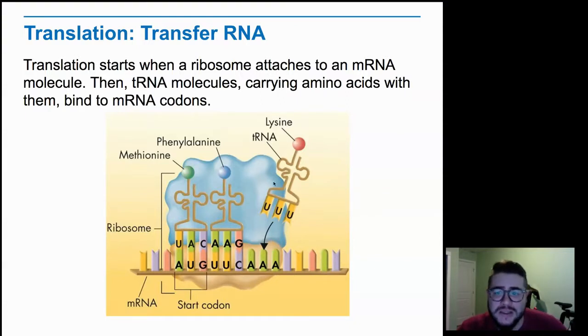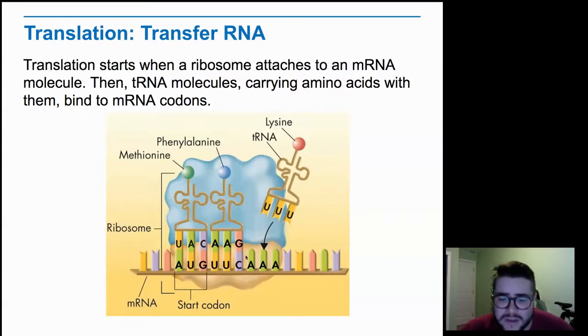On each tRNA molecule, there is a site for the amino acid to attach to, and then it has this other site on it called an anticodon. What happens is if the anticodon matches up with the codon that's red, the tRNA will deposit its amino acid into this ribosome so that it can keep growing the polypeptide chain.